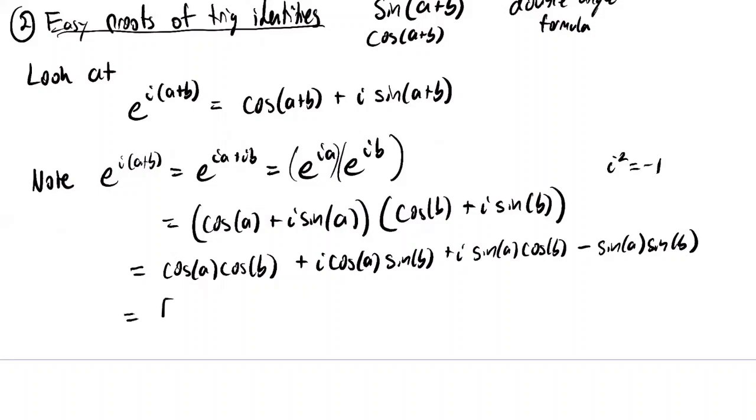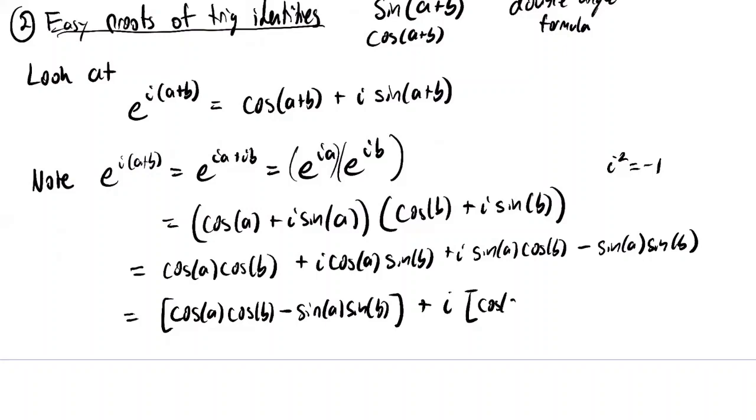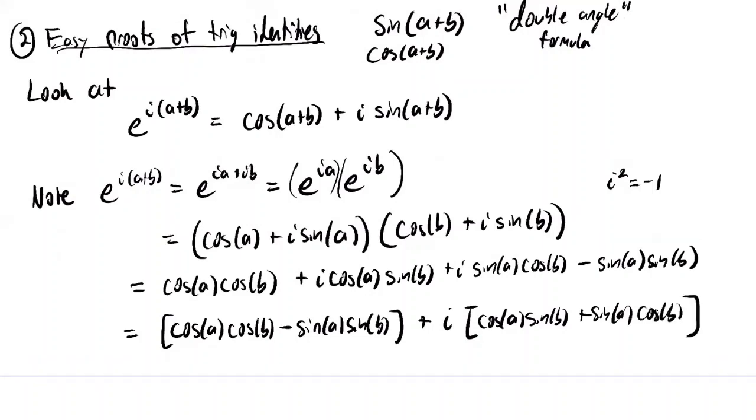So this is equal to cosine of a cosine of b minus sine a sine b, and then plus i times cosine of a sine b plus sine a cosine of b, right?